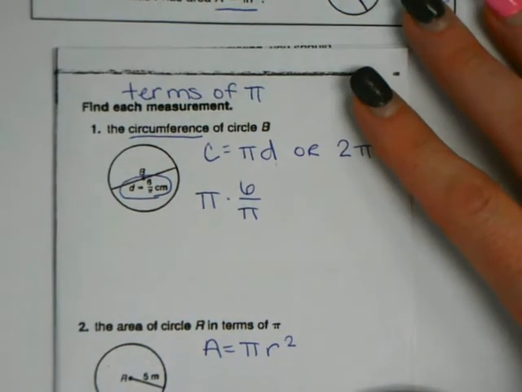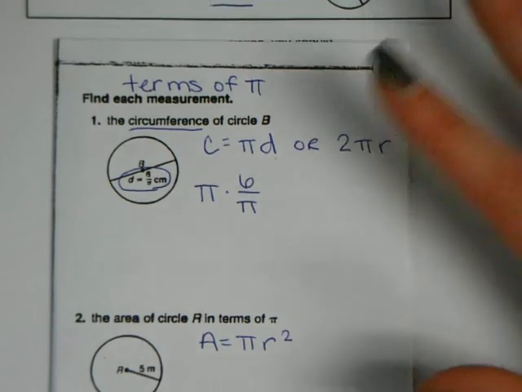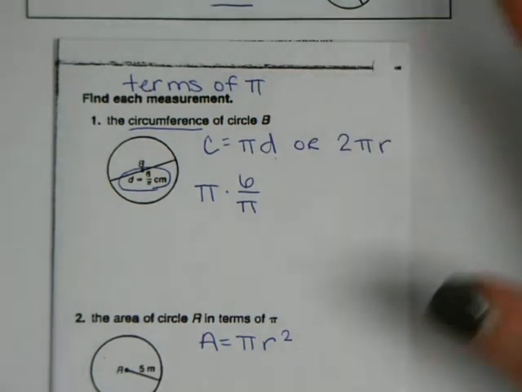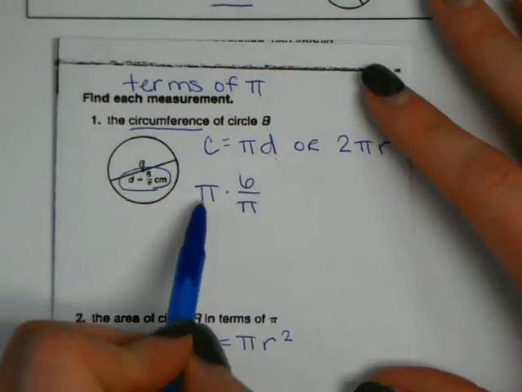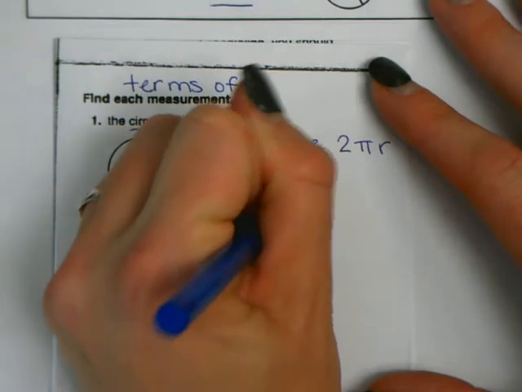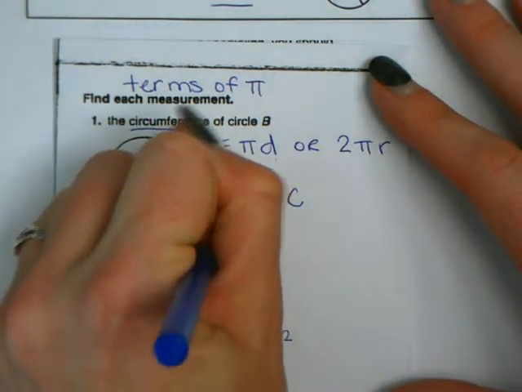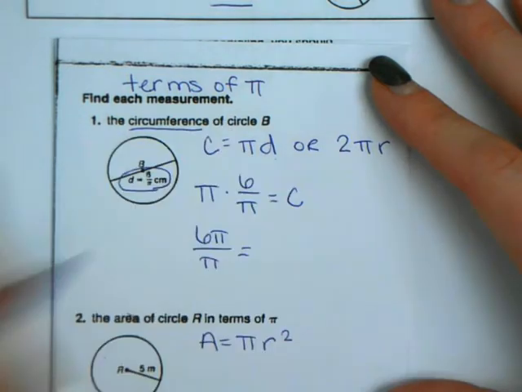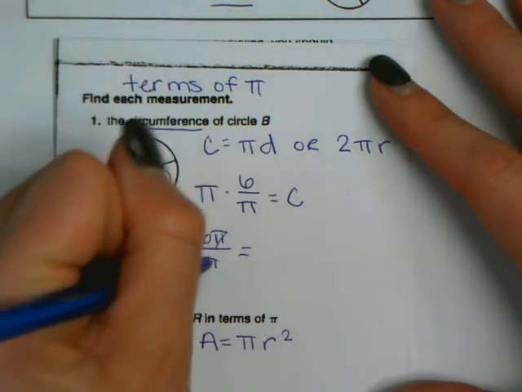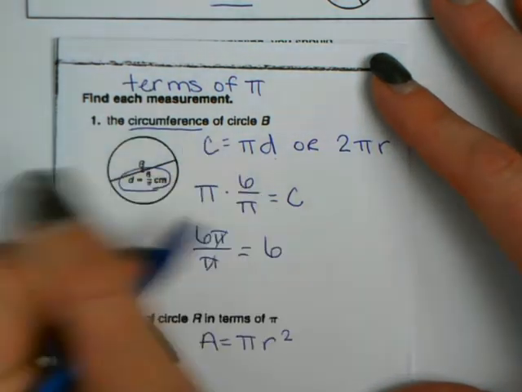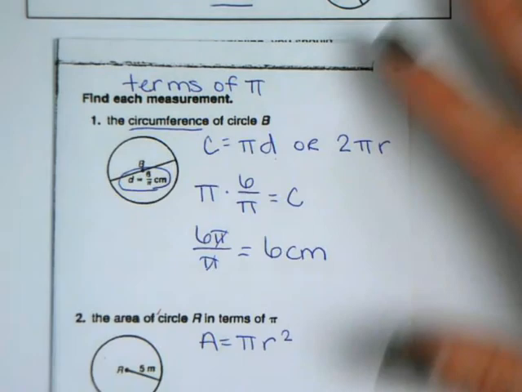We'll talk more about that in class, and about the difference of using 3.14 versus the pi key in the calculator. Now I just need to clean this up. Pi times 6 over pi is 6 pi over pi, and I can reduce these 2 pi's, and I just get a circumference of 6 centimeters.